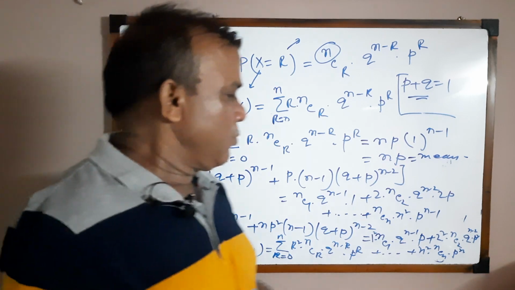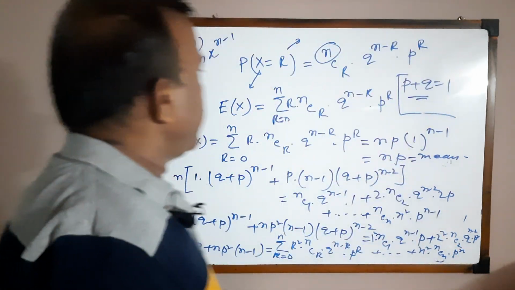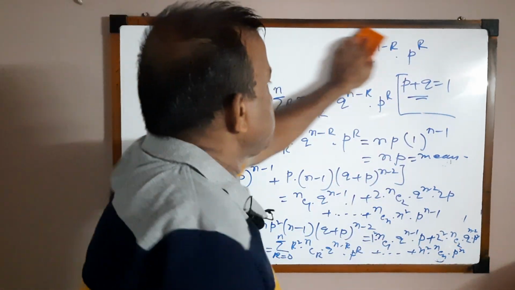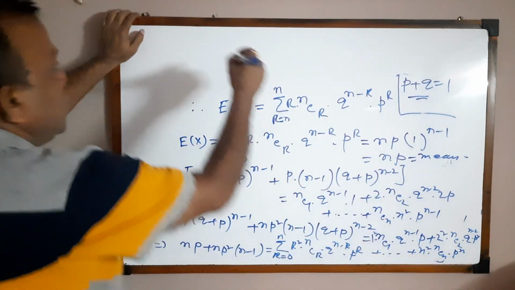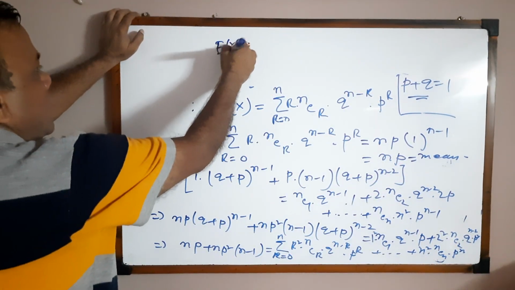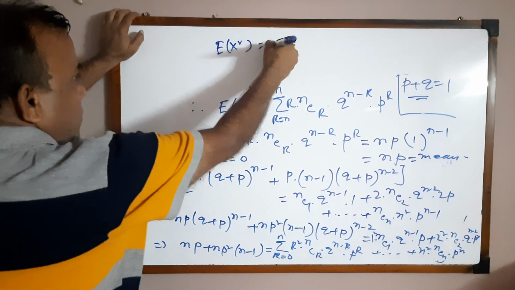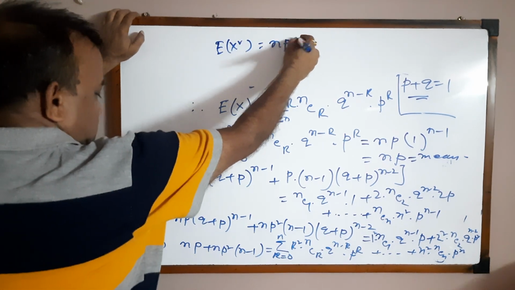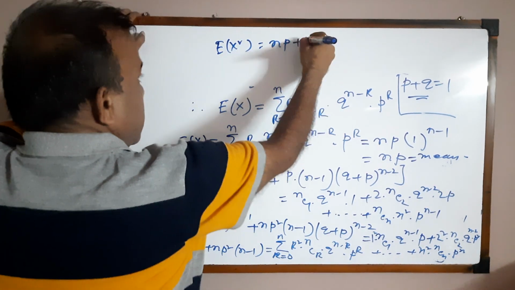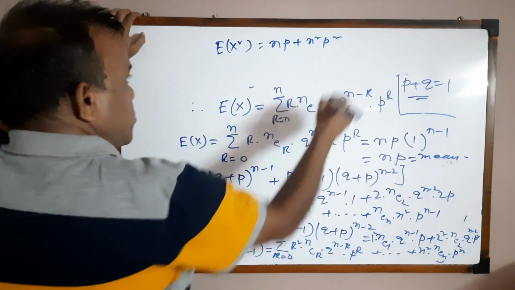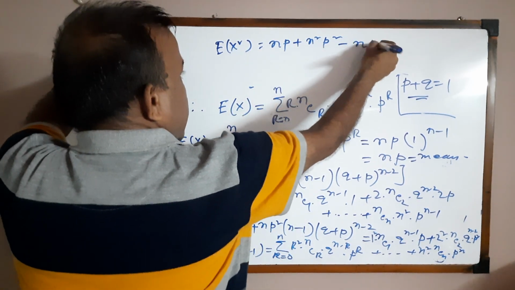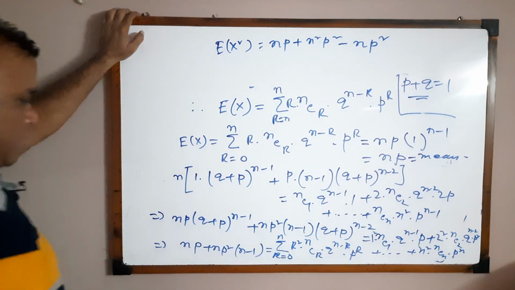Okay. Therefore, E(X square) is equal to np plus n square p square minus np square.